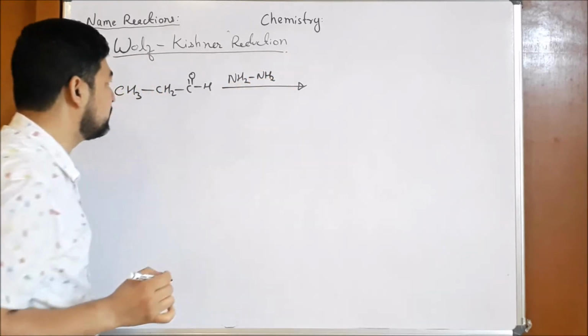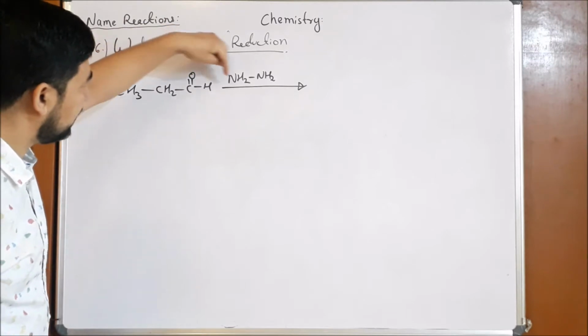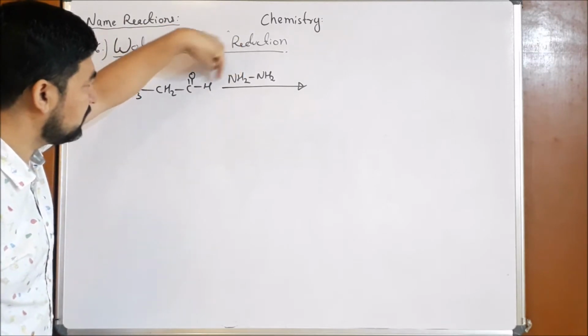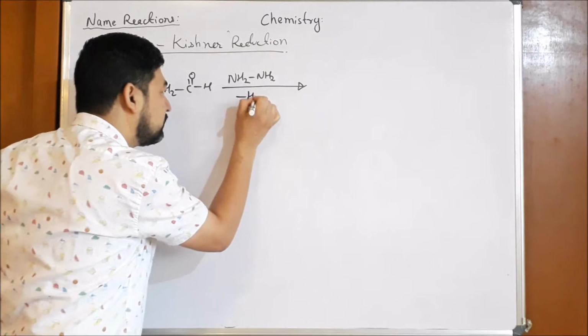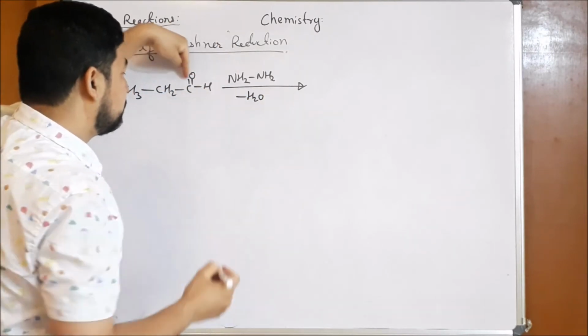This molecule is hydrazine. Then this O will be removed from here and H2 will be removed from here. So altogether it will release water, H2 and O. This N will attach here, make a bond.